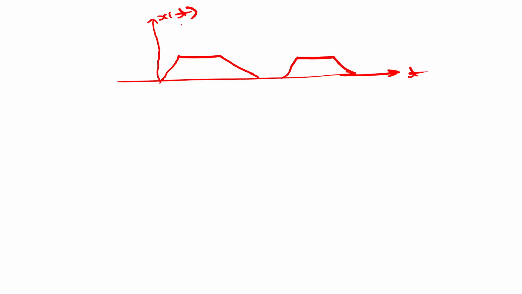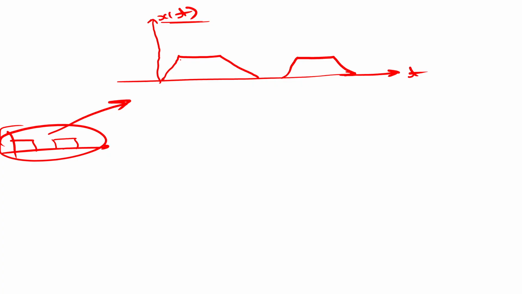That's why we study a trapezoidal waveform instead of a square pulse train, because the actual signal looks trapezoidal rather than a square pulse. Here this is our rise time, tau r, this is the fall time, tau f, and this is the time period T, which means it repeats after every time period T.